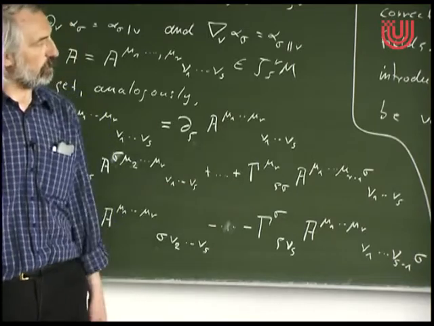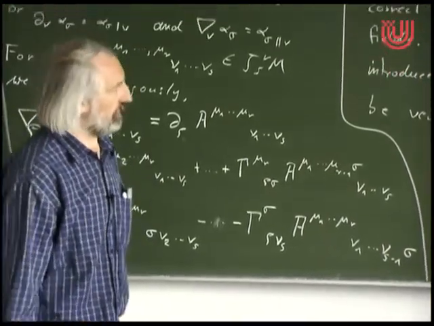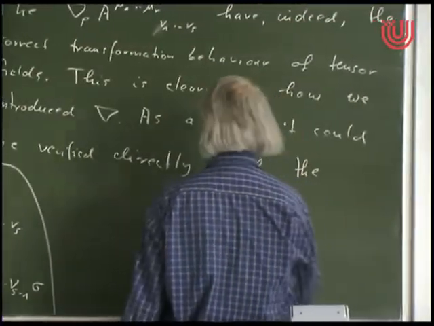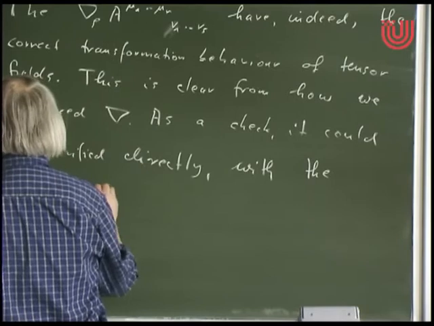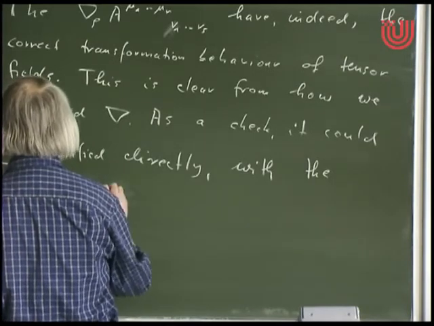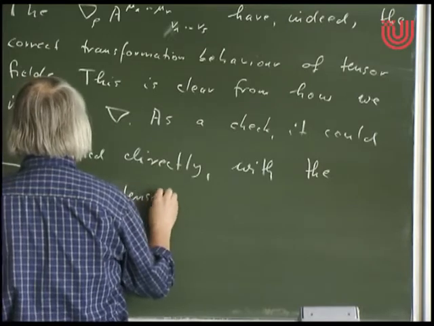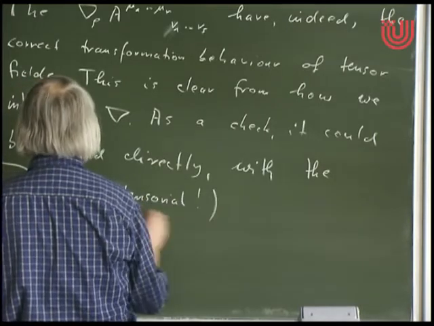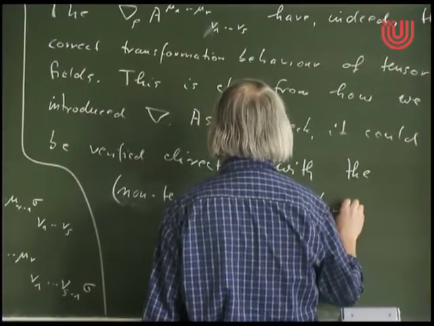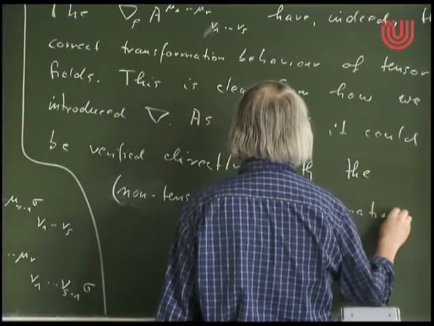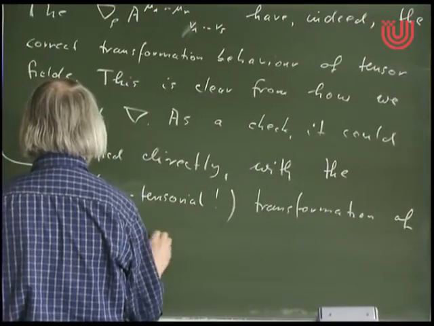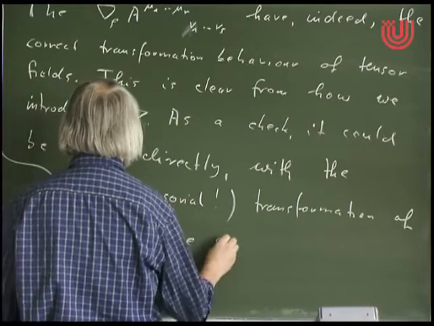They transform in a more complicated way, and that will be worked out. So I write here non-tensorial transformation behavior of the Christoffel symbols, the gamma, mu, tau, and that's something we do in the worksheet.